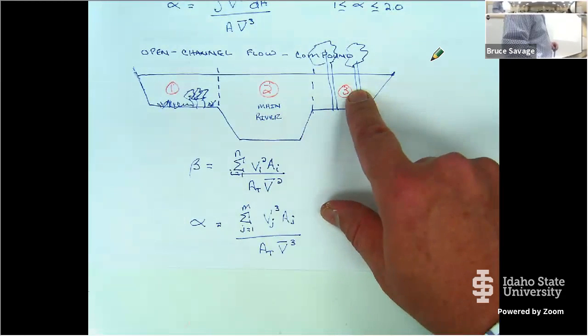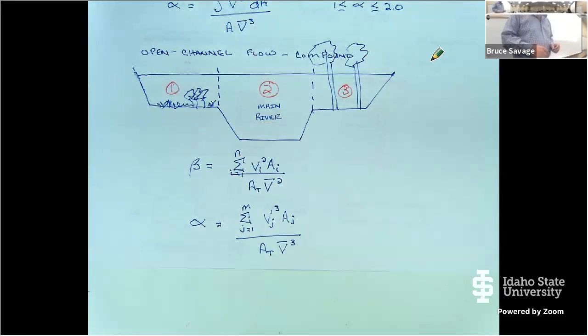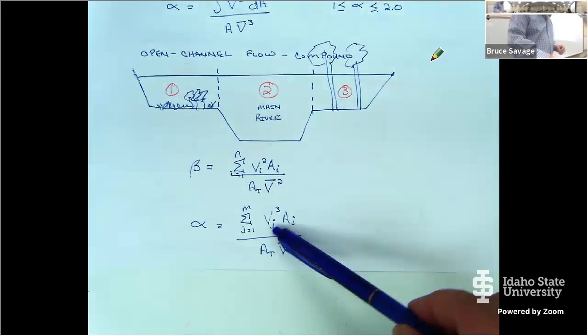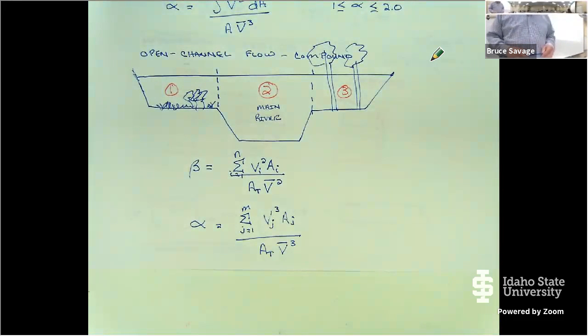And likewise here. And you have to know something about the velocity. The velocity is usually either given, someone went out and measured it, or you've used an equation to calculate it, like Manning's equation. Then using those, we can calculate these 2 correction factors. And when we apply them to our equations inside the program, it gives us a better estimate of what's going on in that river.